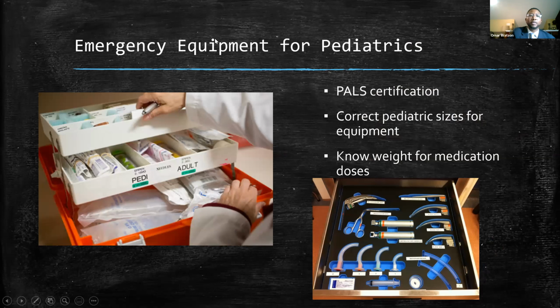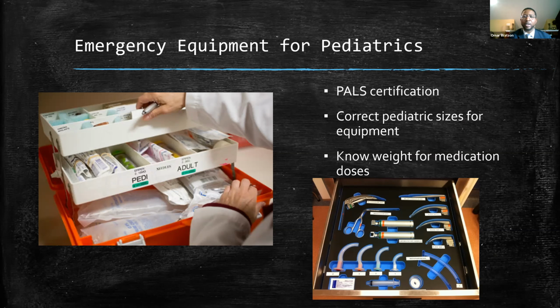Now, some of the equipment for pediatrics is similar to that for adults, but there are specific things in our repertoire that are important for kids during emergencies and also during routine sedation. The most important thing is PALS certification. All the oral surgeons in my practice are PALS certified, which stands for Pediatric Advanced Life Support.